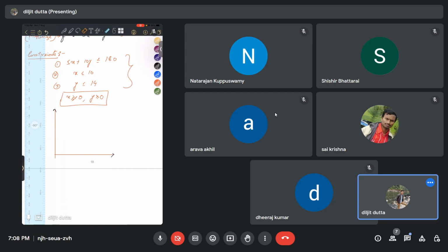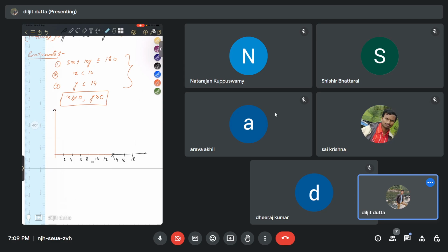So if we set x equal to 0, we will have y equal to 18. Sorry, it should be y equal to 18, right?